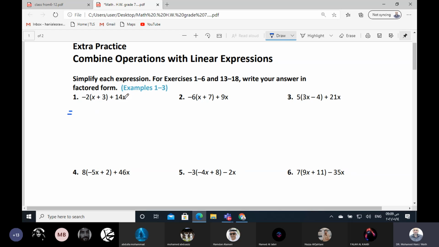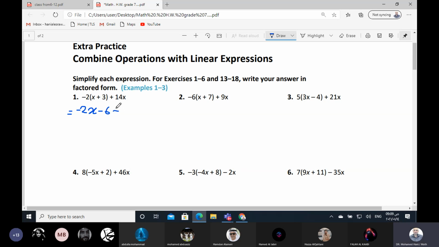Look at the expression. As you see here, we have the distributive property. So distribute minus 2 to this parenthesis. Minus 2 times x will be minus 2x. Minus 2 times 3 will be minus 6.